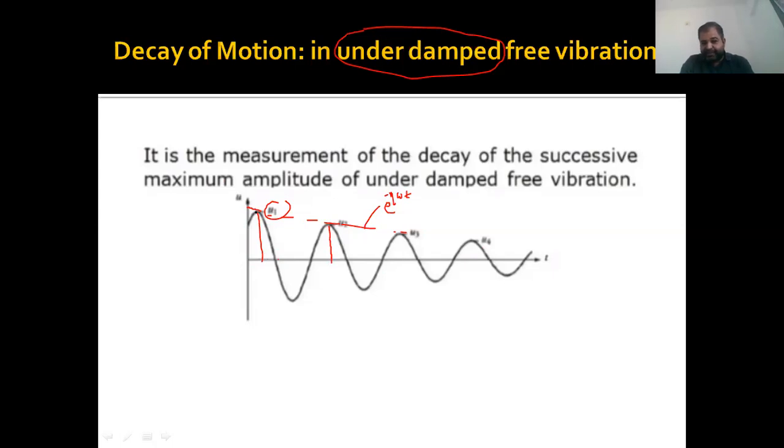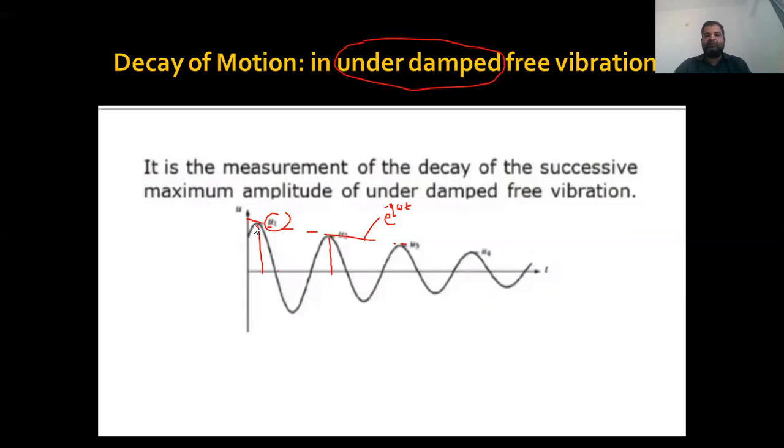This is decreasing. So the rate of decrease in the amplitude within two successive cycles or two amplitudes is nothing but what is called the decay in the motion, or sometimes we say the attenuation of the motion, right?